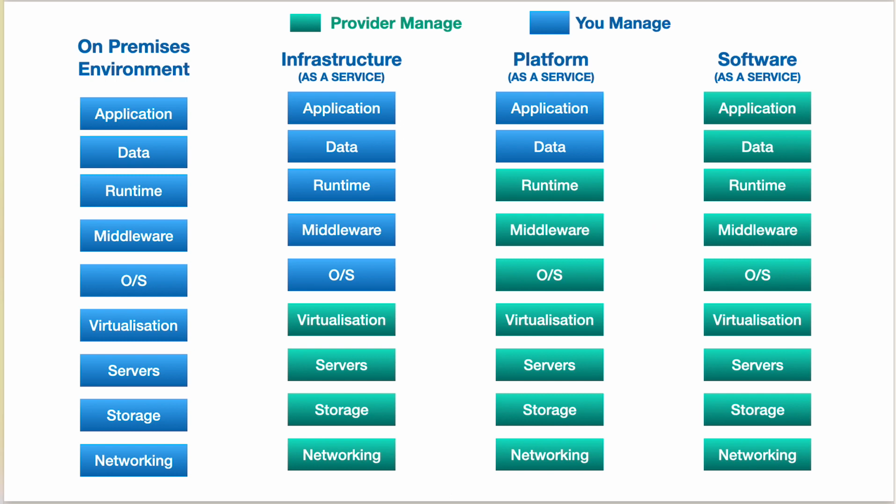Because here we can see on the leftmost side, there is the on-premises environment, where blue color shows what things you manage and green color shows what things are managed by the provider. In the on-premises environment, we manage everything like application, data, runtime, middleware, operating system, virtualization, server, storage, networking, everything.